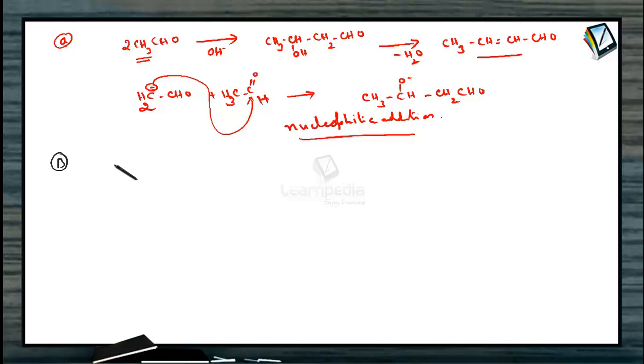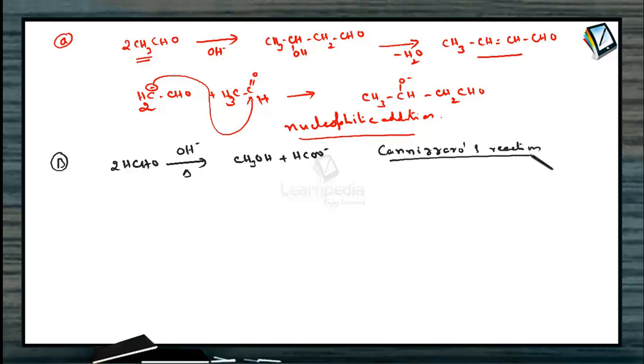And for B, where formaldehyde is there, 2 moles of formaldehyde in the presence of a strong base, 50% KOH, on heating, simultaneous oxidation and reduction takes place to give one molecule of methyl alcohol and another one, the corresponding carboxylate, and thereby this is the Cannizzaro reaction. If you go through the Cannizzaro reaction mechanism, you understand that as this is simultaneous oxidation and reduction, oxidation is involved, therefore it goes with P, and there is hydride attack on the carbonyl carbon of another formaldehyde molecule.